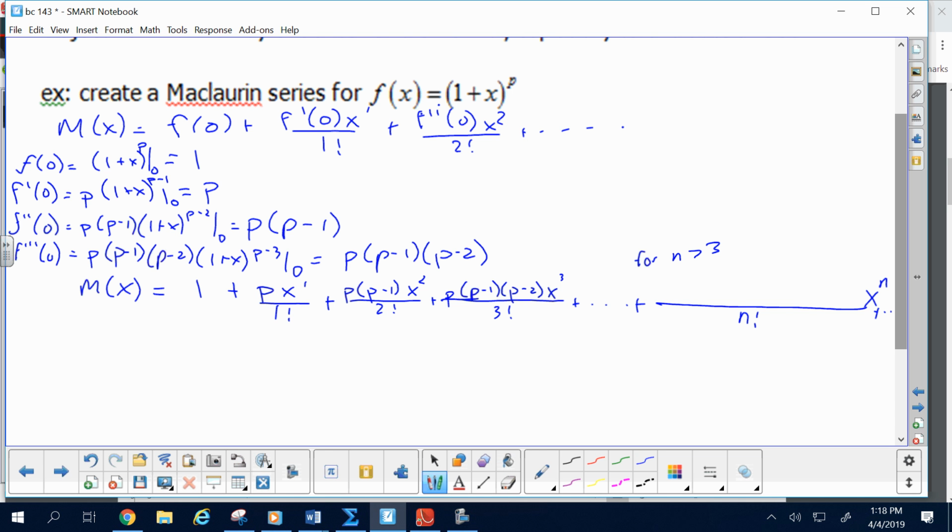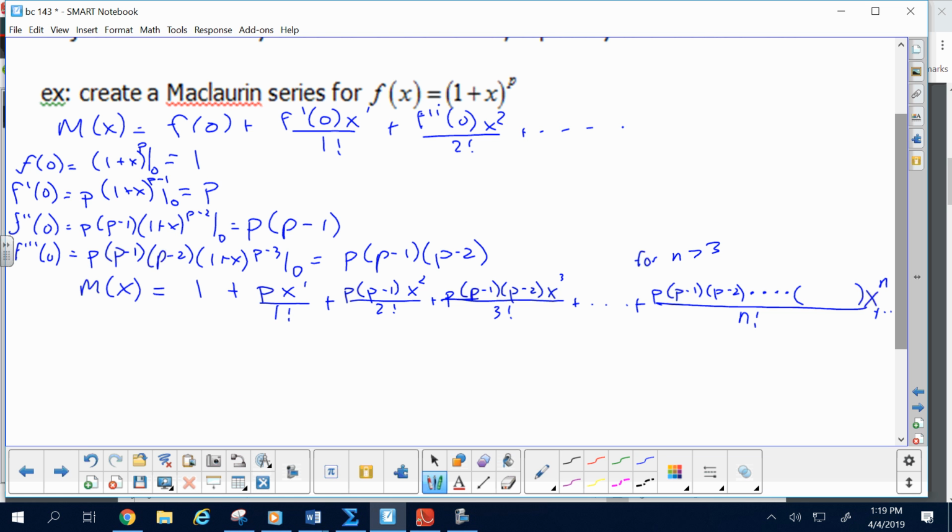How would everyone start? P, and then they would be followed by p minus 1, and then p minus 2, and you keep getting new factors. How many? Well, that depends on how many derivatives you've taken, right? But they all have an ending point. So we're going to jump to what the ending factor would have to be.